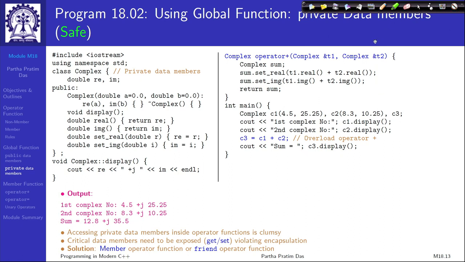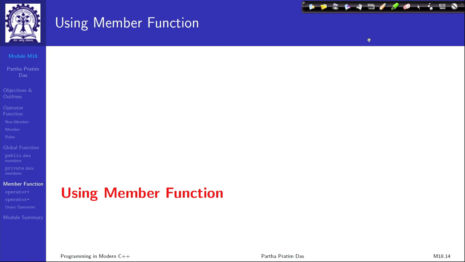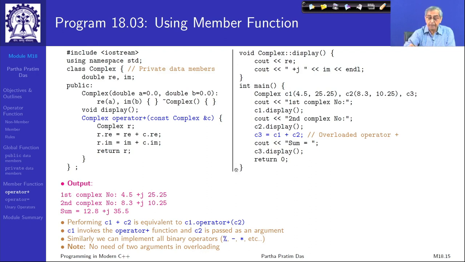So, if instead of using a global function, we use member functions, then certainly we can do easier things than this. Let me do that same thing, with the private data members, but I have moved the overloaded operator plus inside the class. As I move it inside the class, I need only the right parameter.